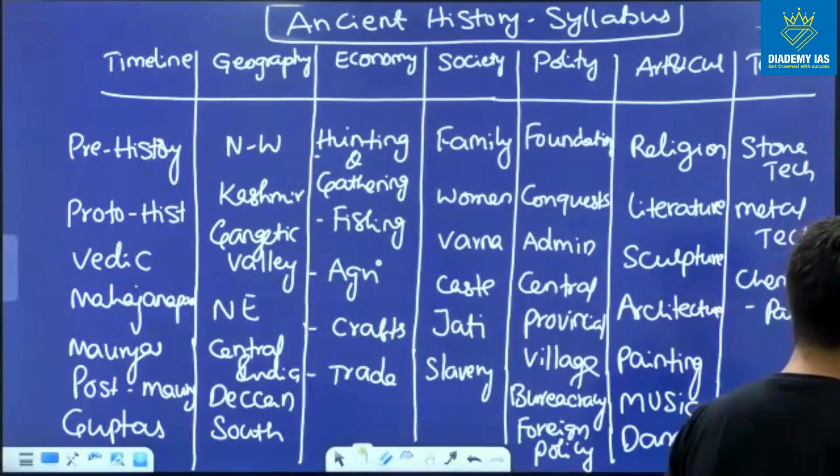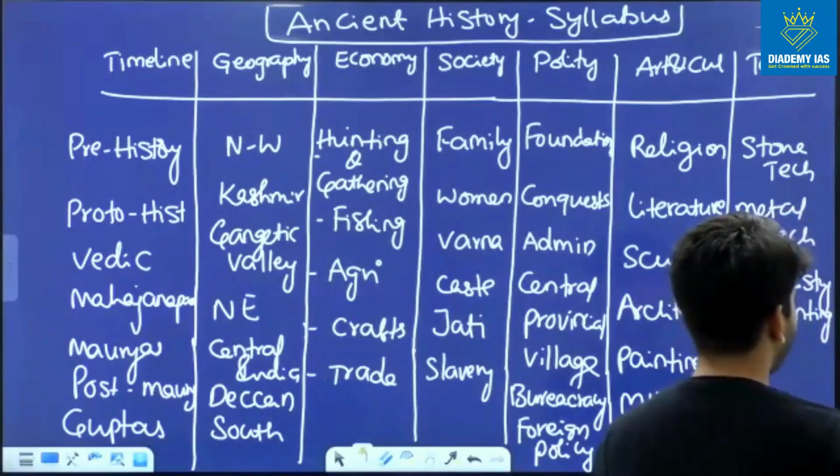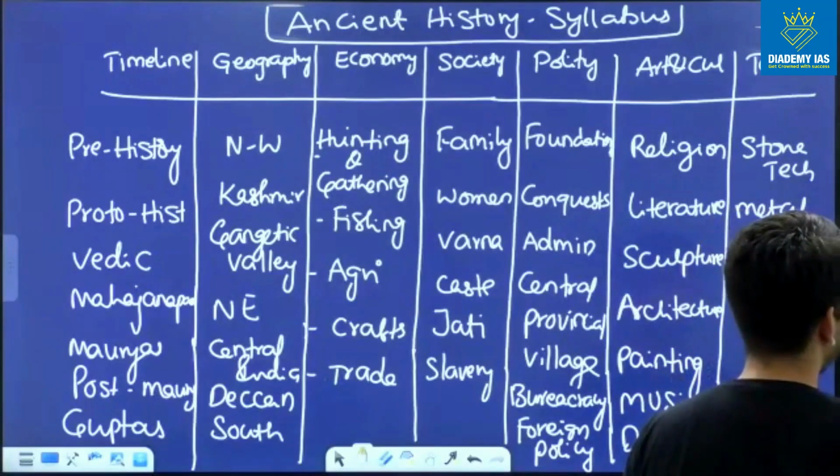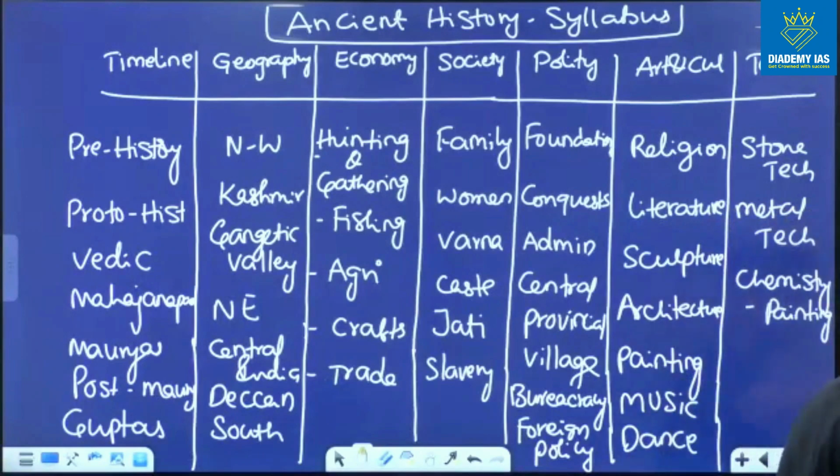And the other one, political influence you have written, economic influence, society. When it comes to the art and culture part, these three are the most vital.